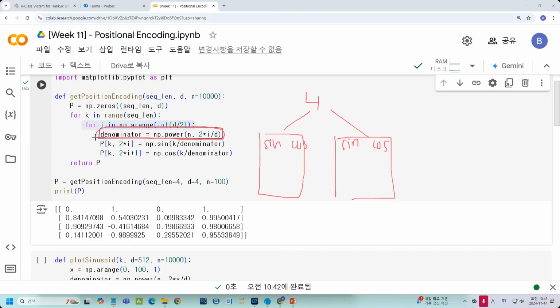The denominator is n to the power of 2 multiplied by i divided by d.